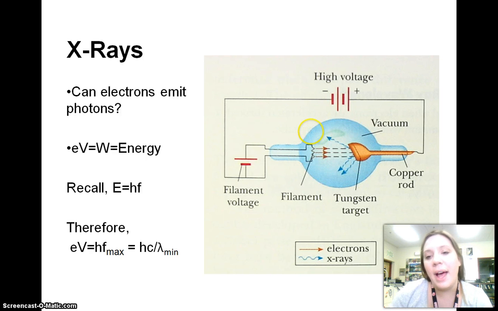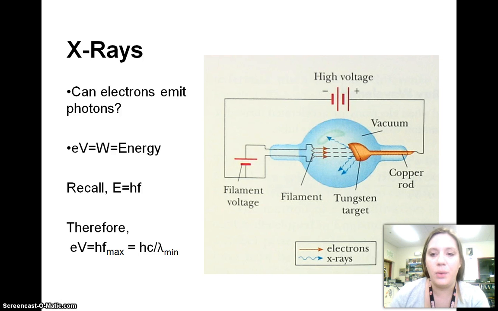As they fly through this tube, they strike the tungsten target. They hit this metal and stop. If they're carrying a huge amount of kinetic energy and then all of a sudden stop, by conservation of energy, that energy has to go somewhere. What actually happens is it comes off in the form of an X-ray photon.